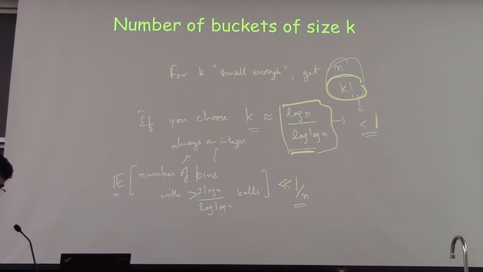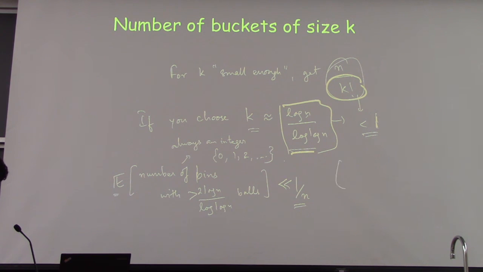We are saying the expectation of this random variable is actually 1 by n. So how could that be? It will be 0 with very high probability, right? That's the only way this can happen.